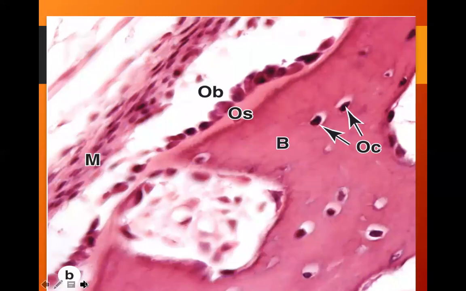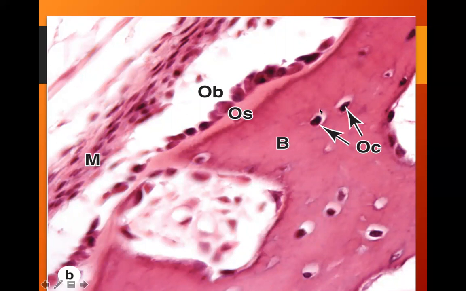Let me show you another picture or illustration of these different types of bone cells. From the previous slide, these are all osteocytes. They are found in the bone matrix. Now, after bone formation, that's the role of the osteoblast.